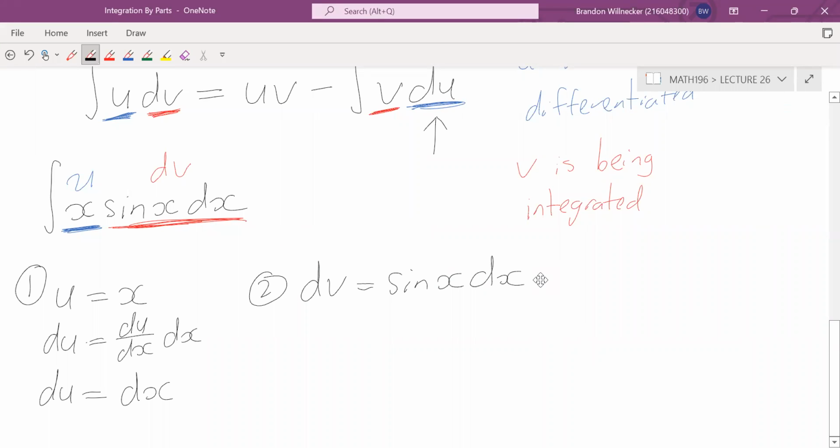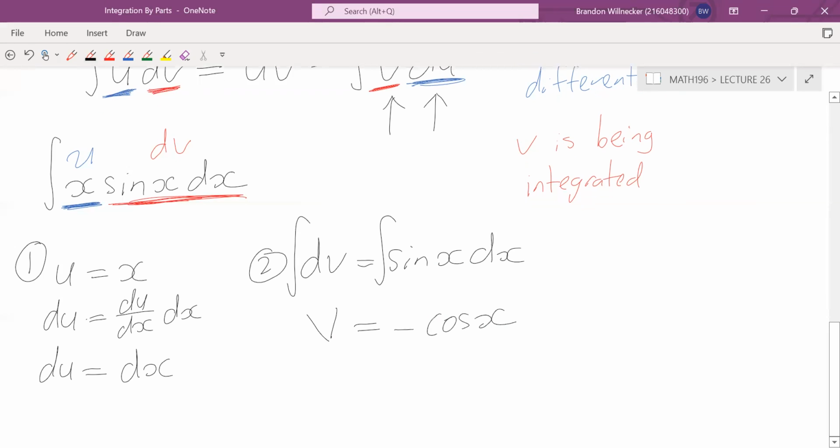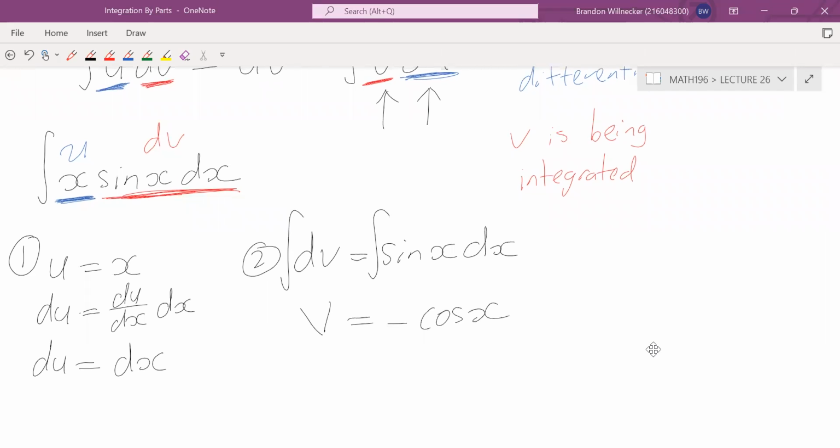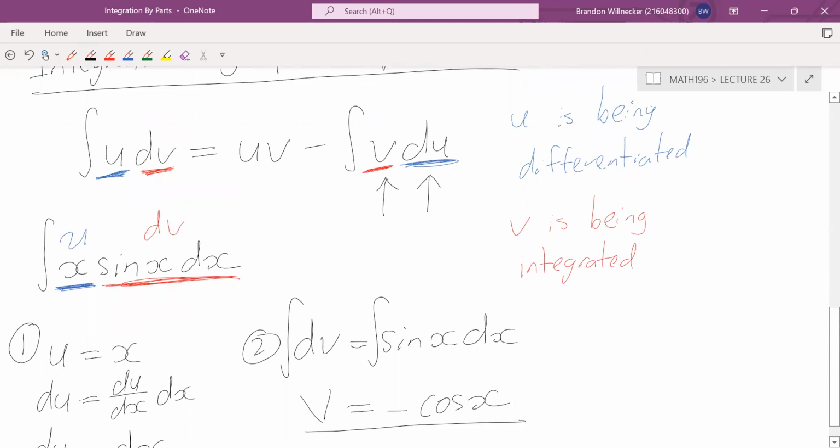We want to find v, so we integrate both sides. The integral of dv is just going to be v. The integral of sine x is going to be minus cos x. So that's v. Now we have du and we have v, which are the two things we want. So we're going to take these two and substitute them into the right-hand side.